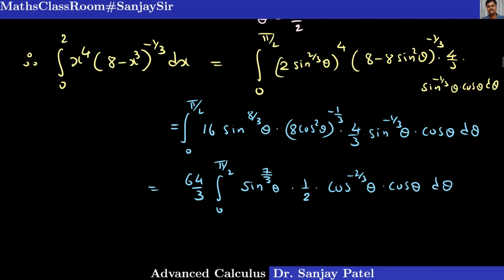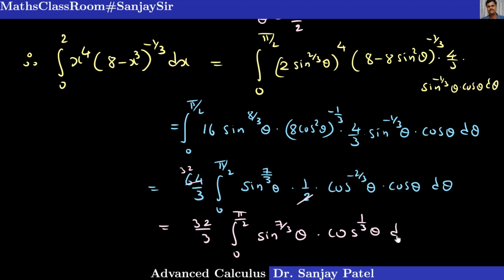So this gives me 16 by, sorry, this 2 will cancel this, so we'll get 32 here. So 32 by 3 integral 0 to pi by 2 sine raised to 7 by 3 theta into cos raised to minus 2 by 3 plus 1. So it is minus 2 plus 3, that is 1 by 3 theta d theta.